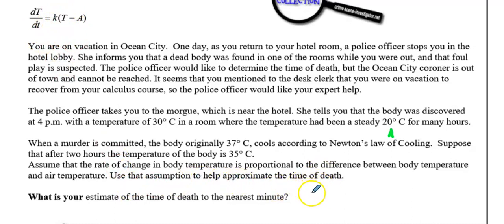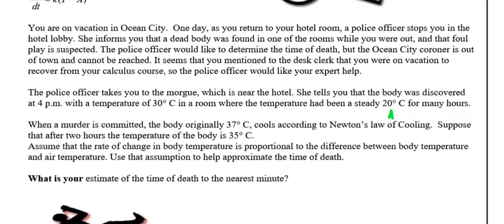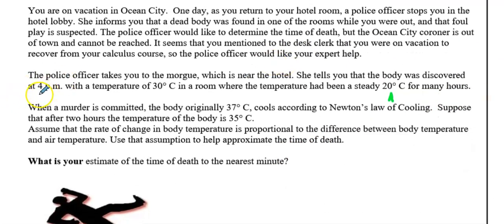So we want to know what's going on with our time of death. A couple things that we know is that the body was discovered at 4 p.m. with a temperature of 30 degrees. We know that the original was 37 and that at time equals 2, at 2 hours, the body was 35 degrees Celsius.